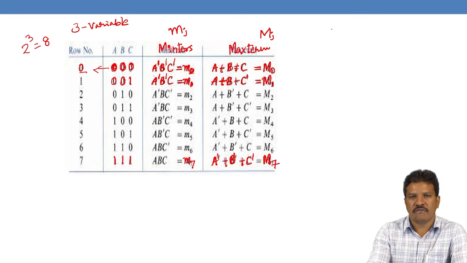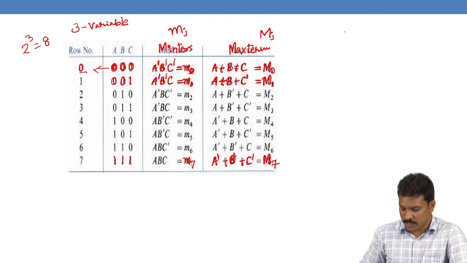A Boolean function represented with the variables is formed using min terms and max terms.